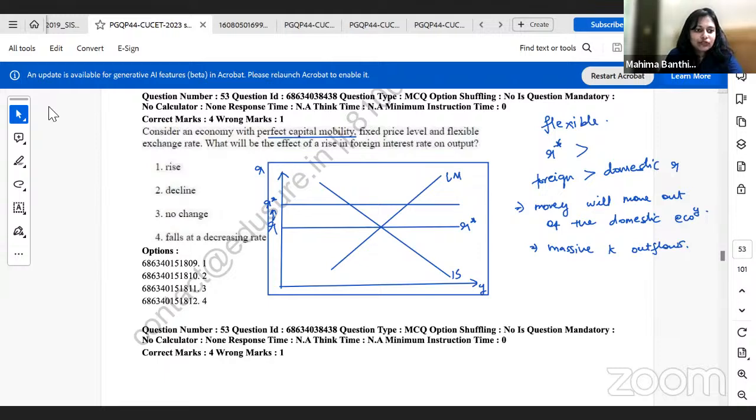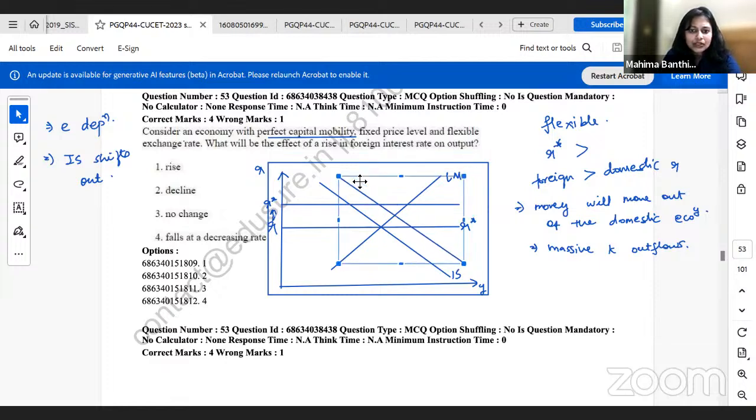Now, capital outflows cause exchange rate depreciation. Exchange rate depreciation causes the IS curve to shift out. And this shifting out will continue. So the IS curve, let's say initially the IS curve is here.